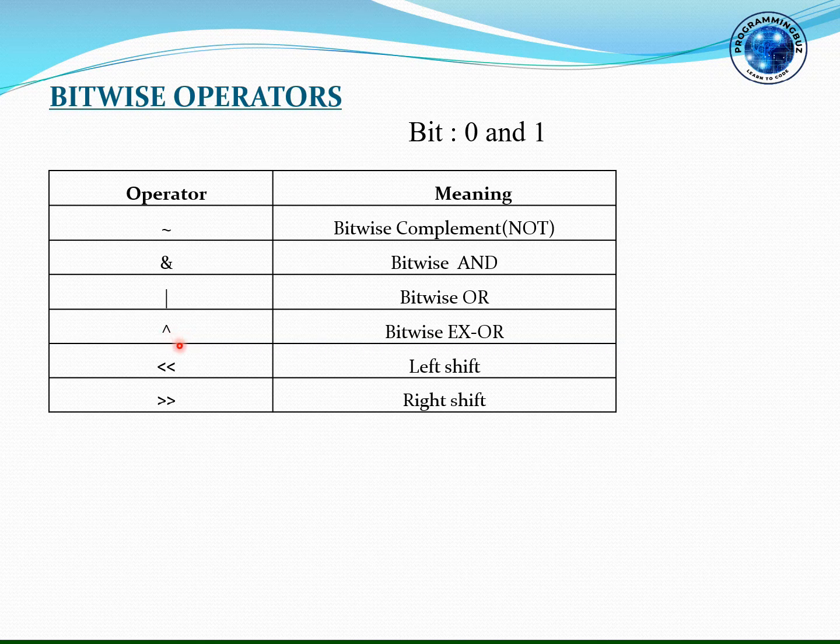Then this is a caret symbol, which is used for the bitwise EXOR operation, and two less than symbols is the left shift operator, and two greater than symbols is the right shift operator. We will be learning all these operators in detail in this lesson.